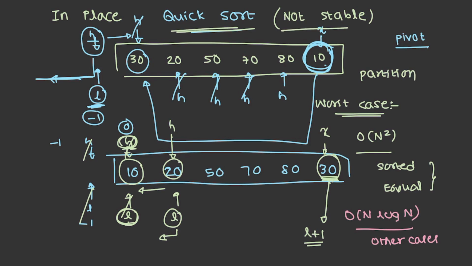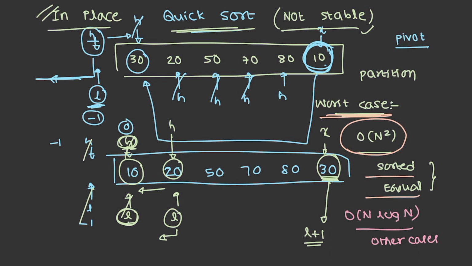By default, quicksort is not a stable algorithm, but it happens in place. It is not using any extra memory other than the input that we have provided. If we analyze the time complexity, it will take order of n square in the worst case. The worst case happens when the array is completely sorted or when all the elements are equal.